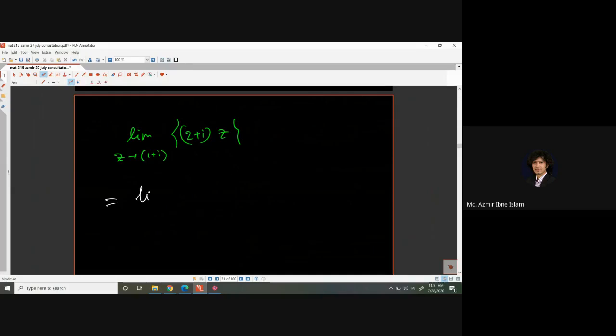Okay, so limit z tends to 1 plus i of 2 plus i z. In the place of z, what we can do? We have a property.